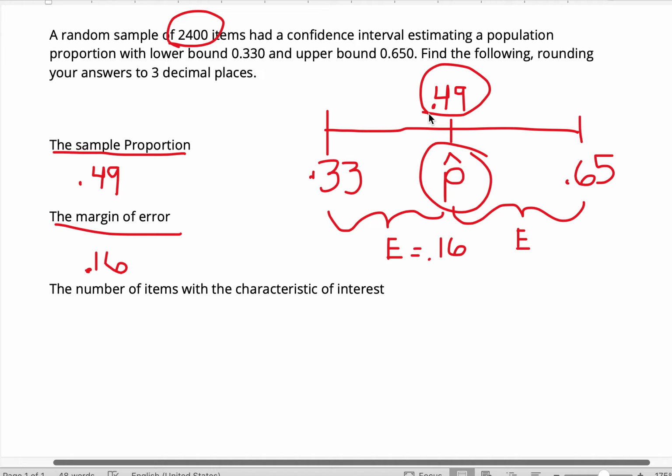So if I want to find out how many that is, I just got to find 49% of 2,400. So that would be 0.49 times 2,400. And when we calculate that, we get 1,176.